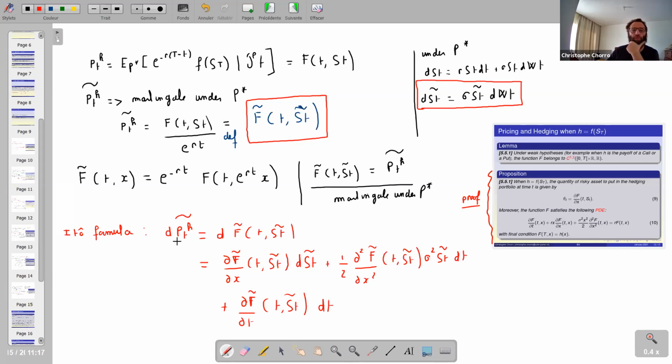So the Ito formula gives me this expression for the Ito differential of the price of my contingent claim.